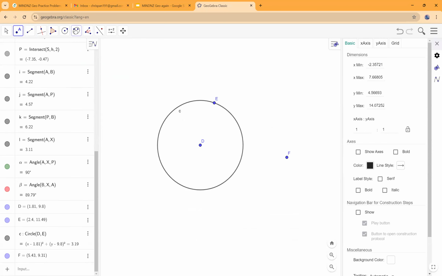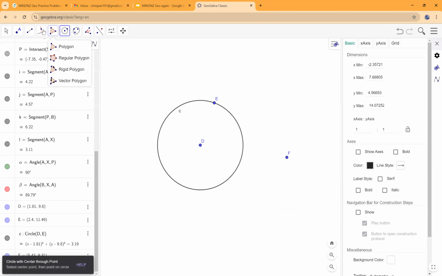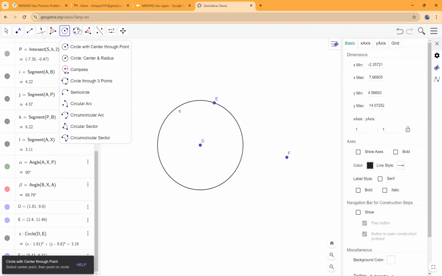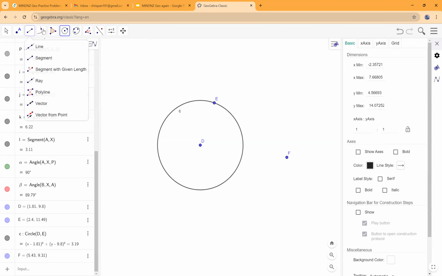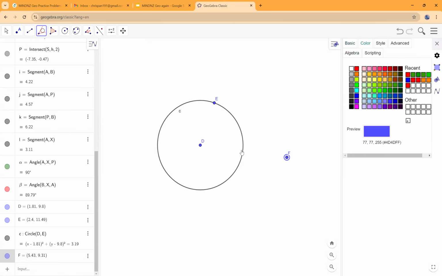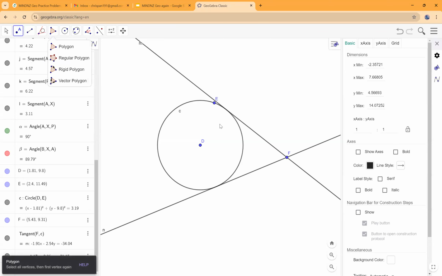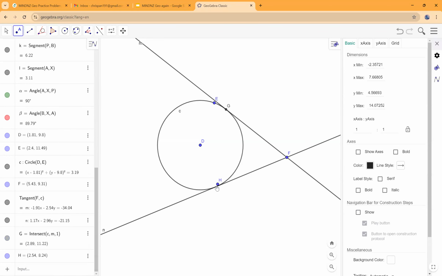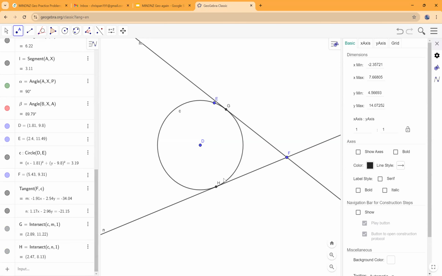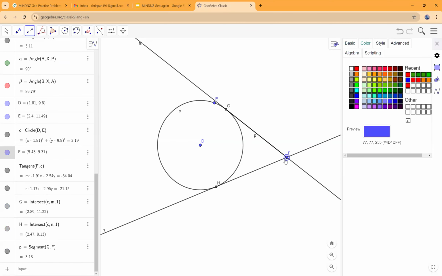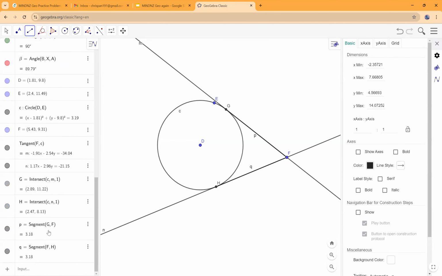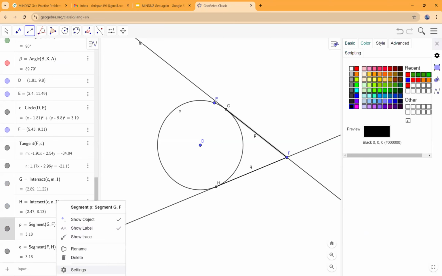It's when you have a point and you draw the two tangents to a circle. If I can find the tangent function. Yep, here we go. If you draw the two tangents, then the lengths FG and FH are equal. Look, they're both equal to 3.18.